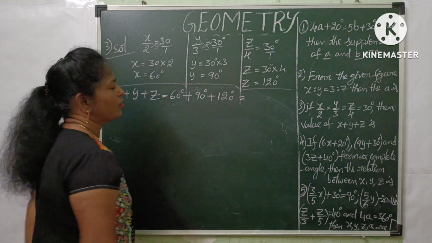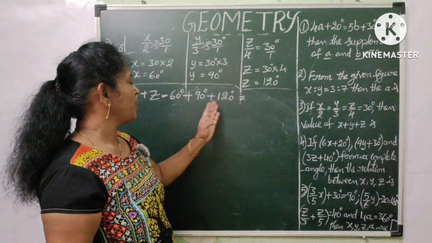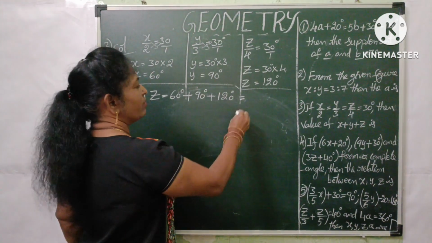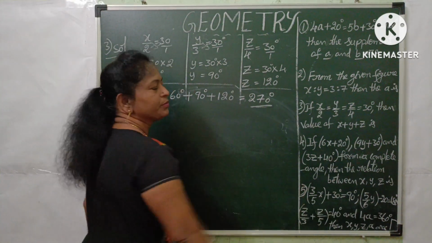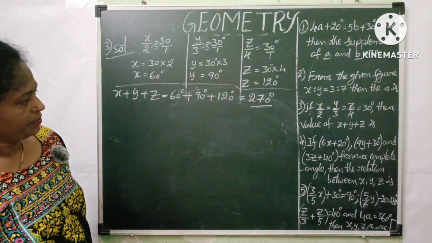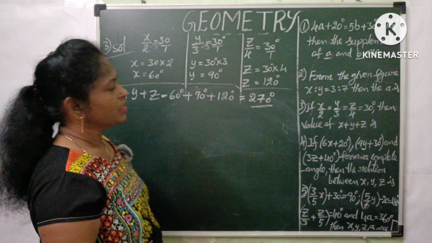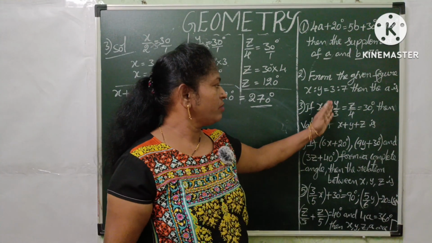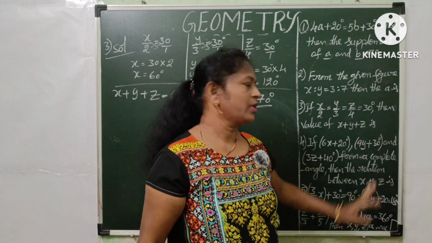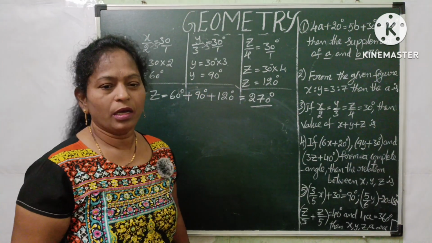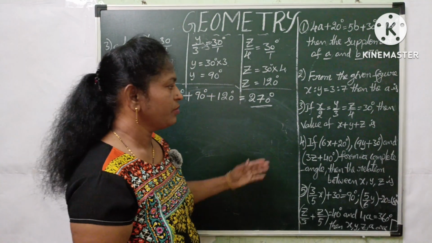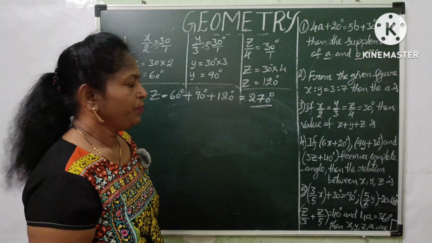Therefore that is equal to 120 plus 90, 210, 210 plus 60, 270. So that is 270 degrees. Next question. They are asking this simply: x by 2 equal to y by 3 equal to z by 4 equal to 30 degrees. We have to write the individual terms and find the x, y, z values. Then we have to add. Okay. Next question.